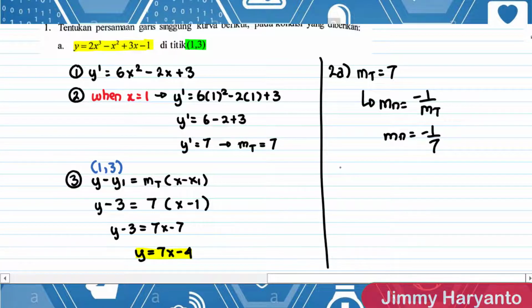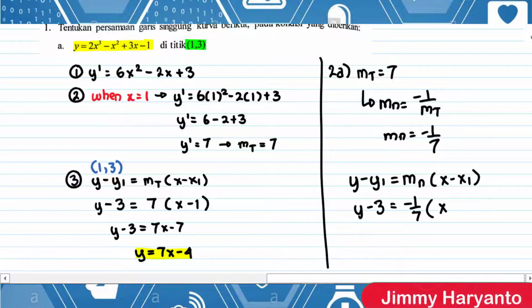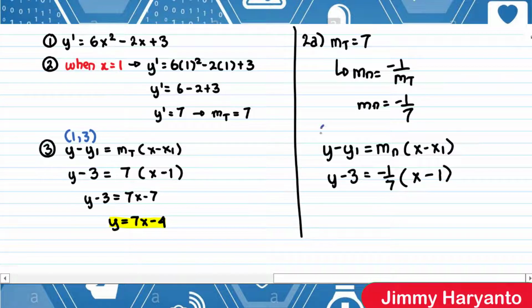Next is to find the equation of the normal line ya. y - y1 = gradient of normal times (x - x1). So y - 3 = -1/7 times (x - 1) ya. I got it from the point. The point given is (1, 3), so this is the x1 and also the y1.